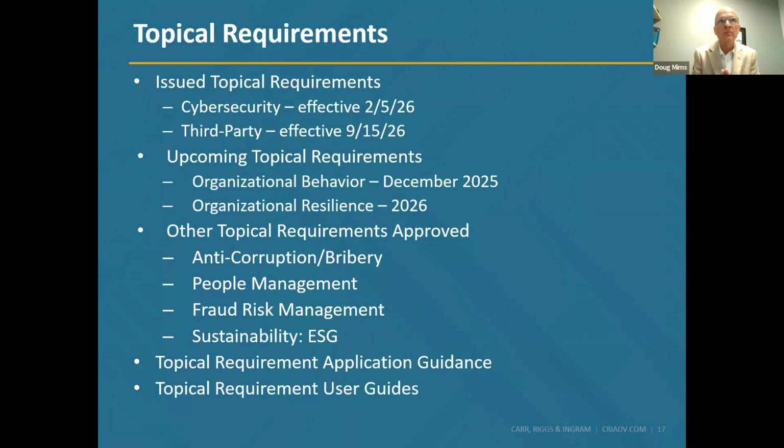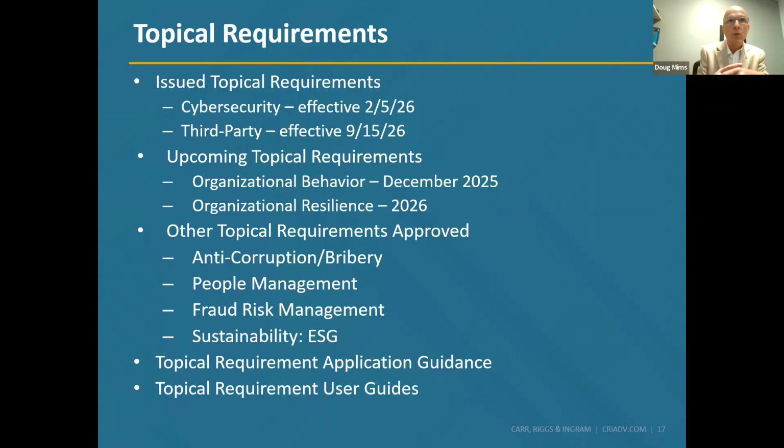There's only been 2 issued. There's one issued on cybersecurity this year, I believe it was this year, and on third parties. And both of those, you can see, neither are effective yet. Cybersecurity will be effective 2/5. Third party will be effective 9/15.